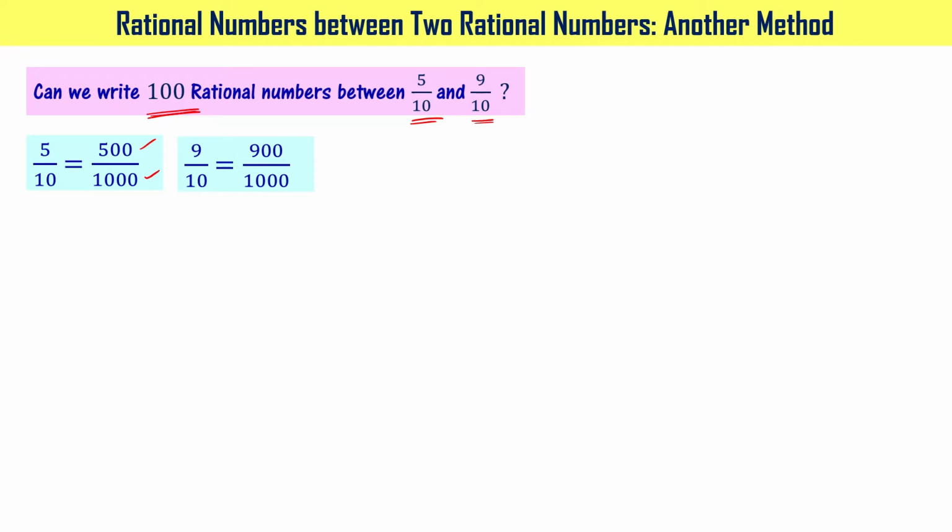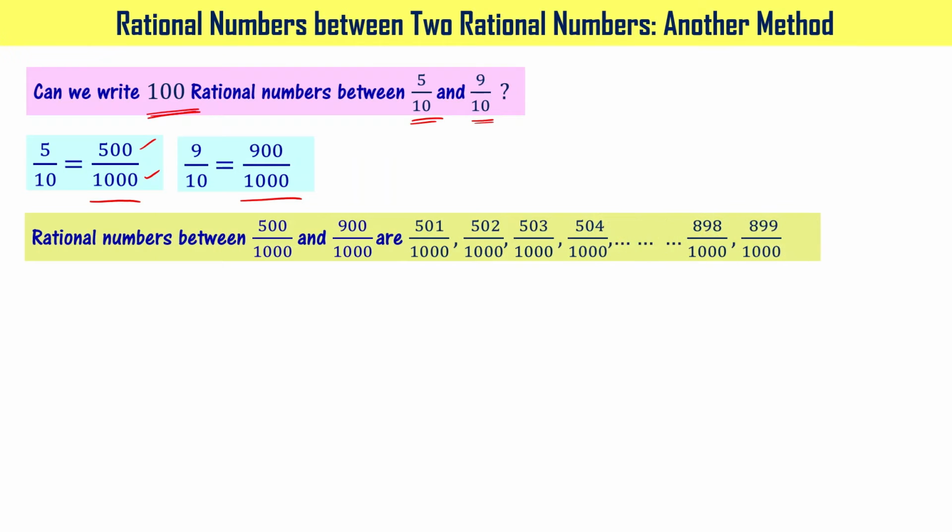I have multiplied both numerator and denominator with 100 here also. Now, let me write the rational numbers between 500 by 1000 and 900 by 1000. They are going to be 501 by 1000, 502 by 1000, 503 by 1000, and so on up to 899 by 1000.